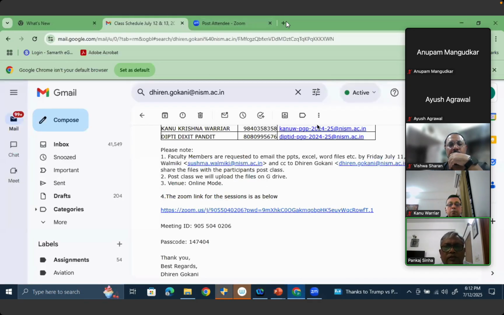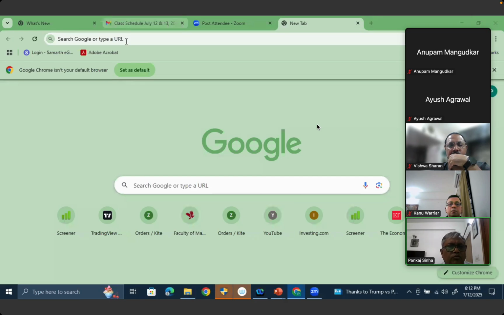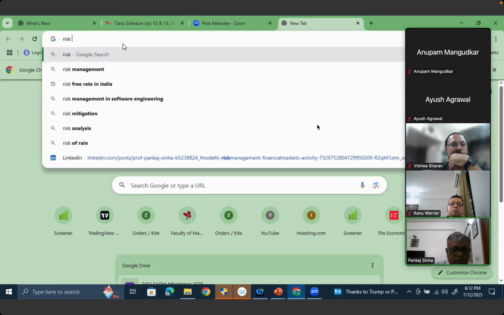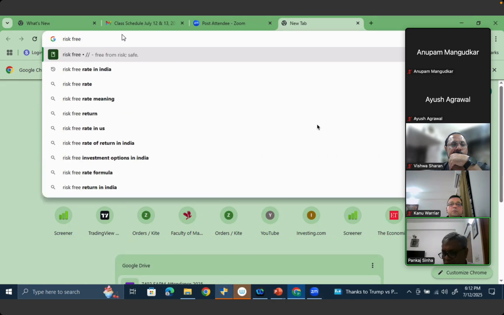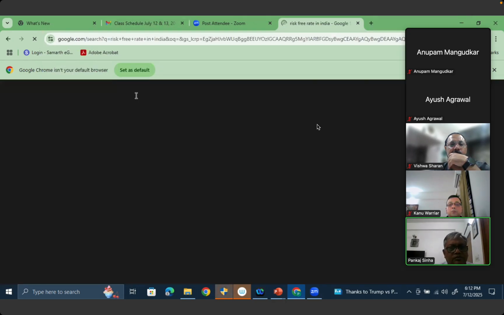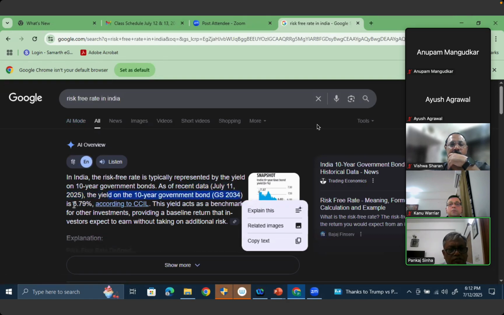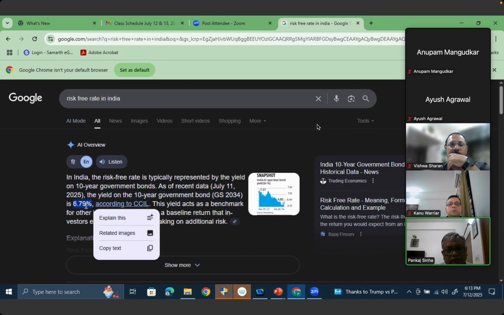There are sites, or you can go directly to the risk-free rate in India. Just click on this, you will get it. So the yield of the 10-year government bond, GSEC 2024, is 6.79%. So find out the years when the return was less than 6.79%. That will measure the downside risk.